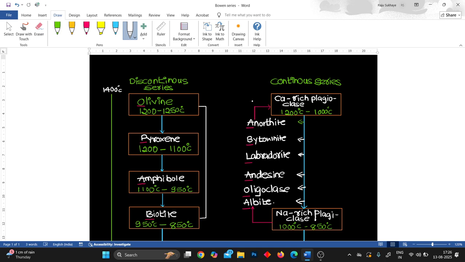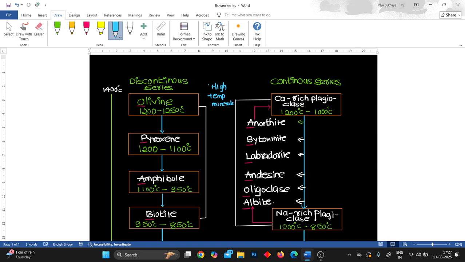Even these minerals on this side are nothing but high temperature minerals, and they are ultramafic to mafic in composition.